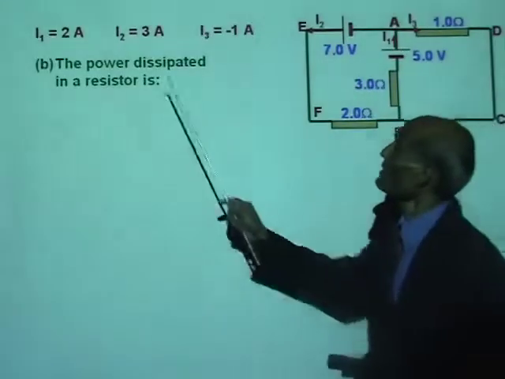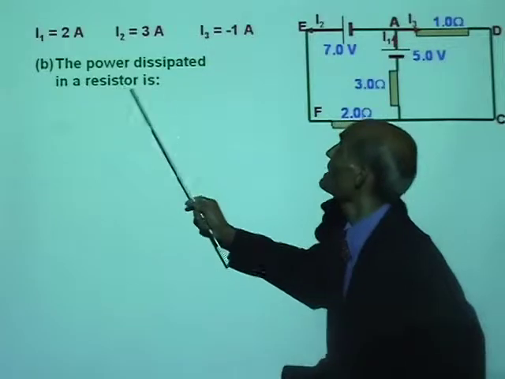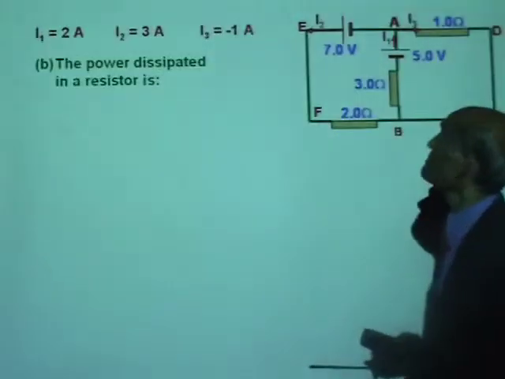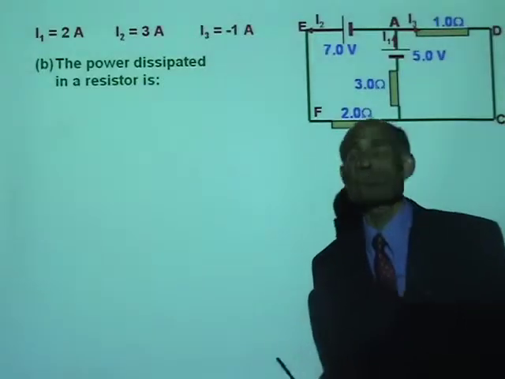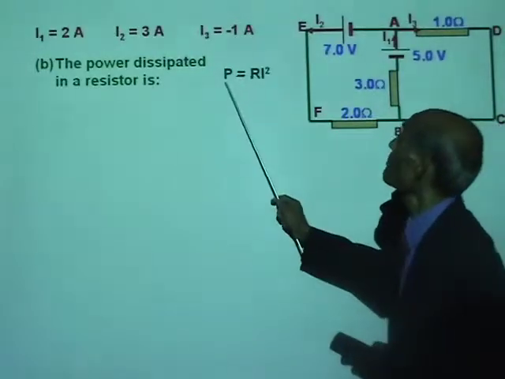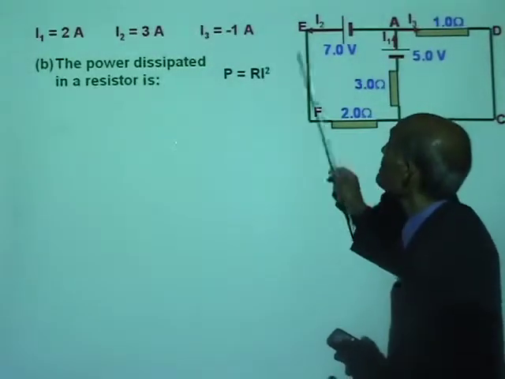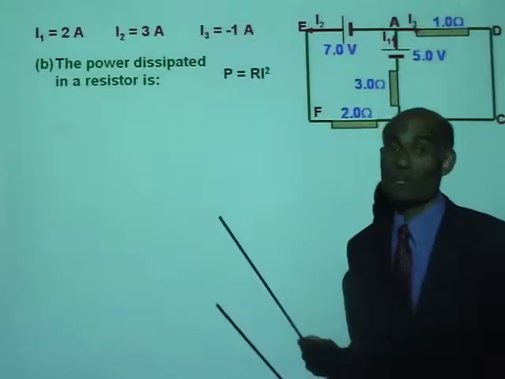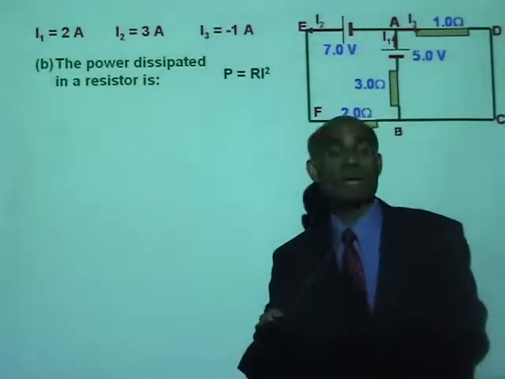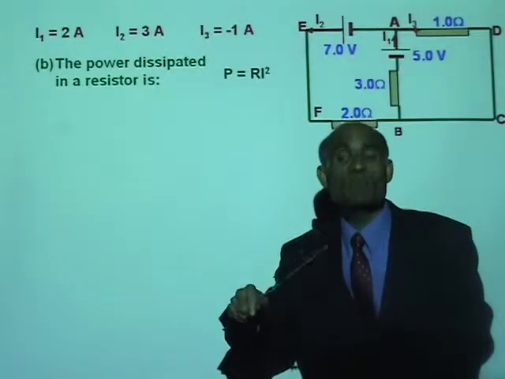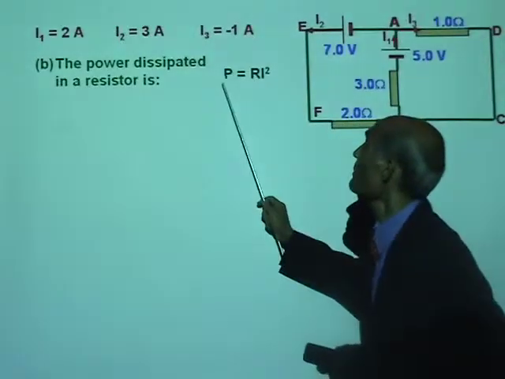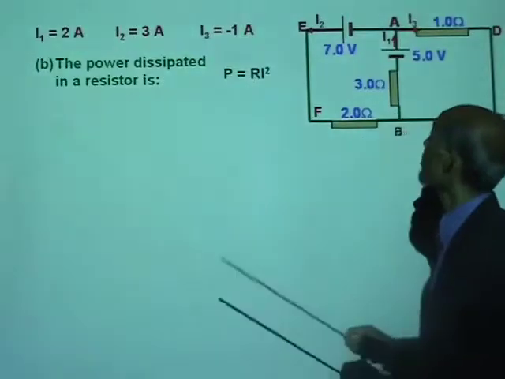Alright, what is the power dissipated in a resistor? The power dissipated in a resistor is the value of the resistance multiplied by the current squared. So P equal to Ri squared. Is that right? The power dissipated is V times I. If V equal to Ri, power dissipated is Ri squared.